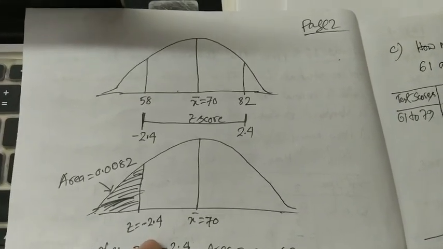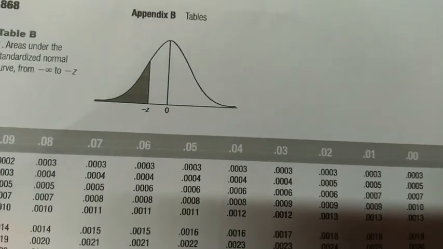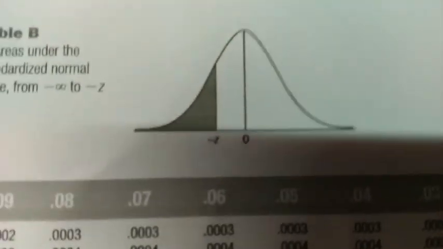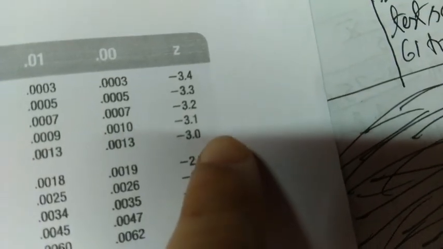So we need to use the table where the values of z are negative. You can see we will first use this table where the values of z are negative, on the left side of the table.